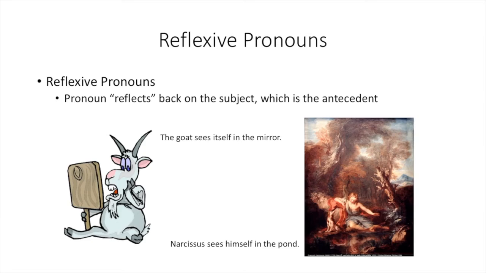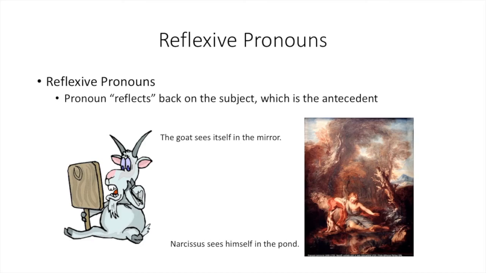We tend to talk about goats as objects, so that's why it's itself. And Narcissus is a male person, so Narcissus sees himself. So we take our gender from the subject.